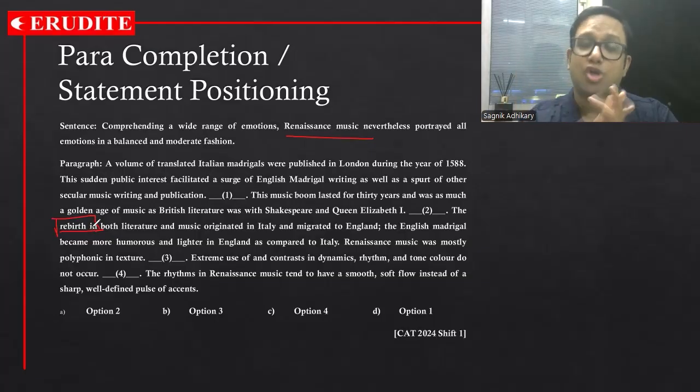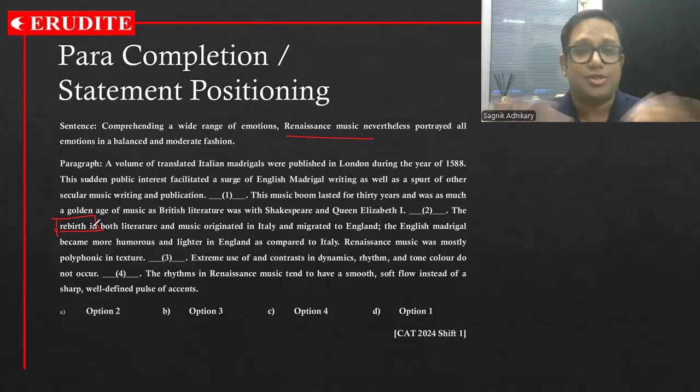The question can be solved, but one can understand the context better with knowledge of the background, the etymology, the history, the meaning, the vocabulary, the diction of these words. Renaissance is an Italian word which means rebirth. We see rebirth used here.